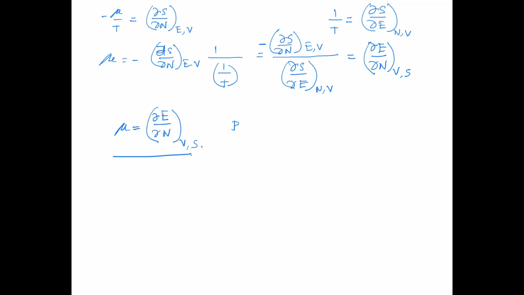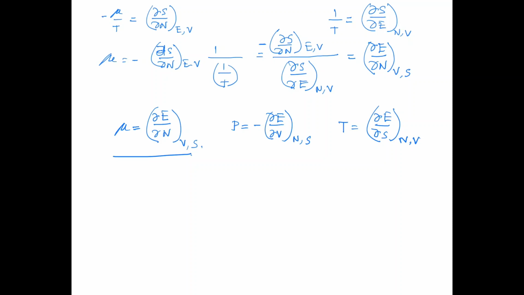We have also shown P equal to minus dou E by dou V at constant N and S, and T we can write equal to dou E by dou S at constant N and V. The evaluation of pressure P, the chemical potential mu, and the temperature T from these formulae indeed requires that the energy E be expressed as a function of the quantities N, V and S, because then only we can differentiate E with respect to V, N and S to find pressure, mu and T respectively.